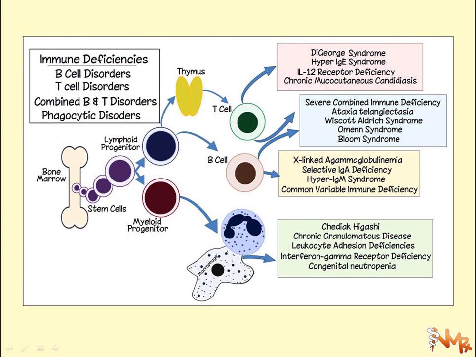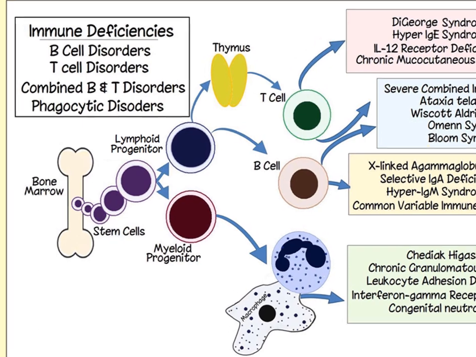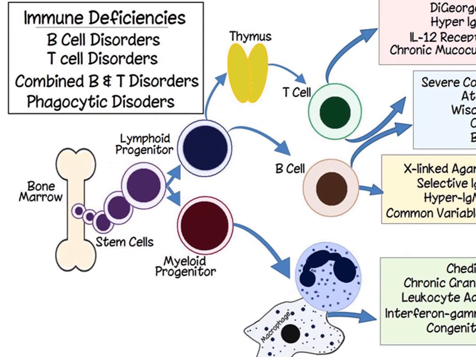Before I go further, let me orient you of what we have to do. We're going to be looking at immune deficiencies. We're going to be looking at B cell disorders, T cell disorders, combined B and T cell disorders, and finally phagocytic disorders. To orient you in this diagram, in the bone marrow, we're going to have these stem cells. These stem cells are going to make in the bone marrow the lymphoid and myeloid progenitors.